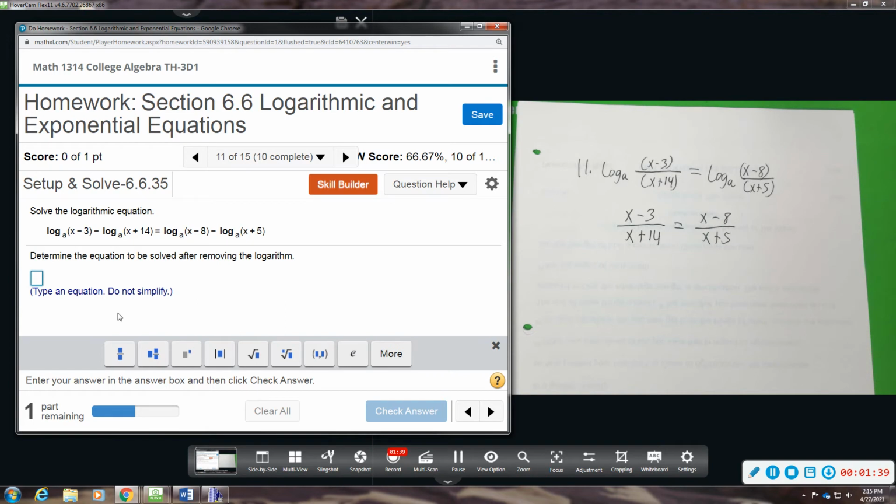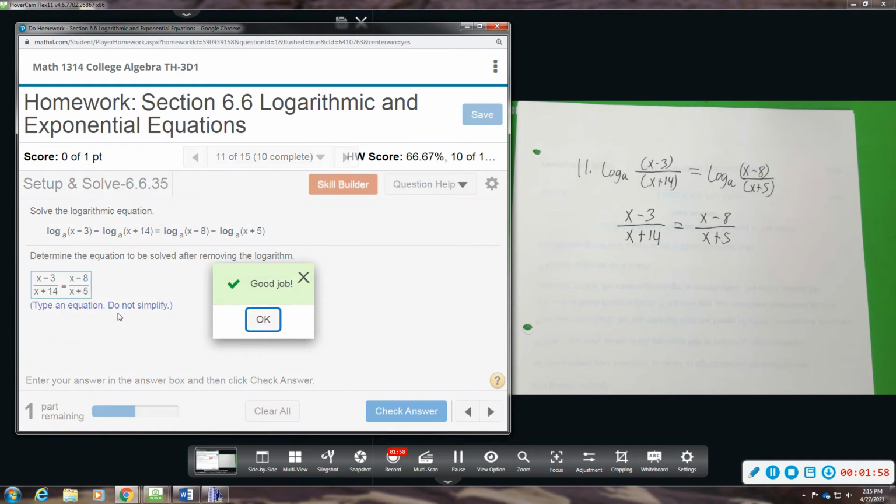So we'll write it like that. x minus 3 over x plus 14 equals x minus 8 over x plus 5. All right, now we're going to solve it.